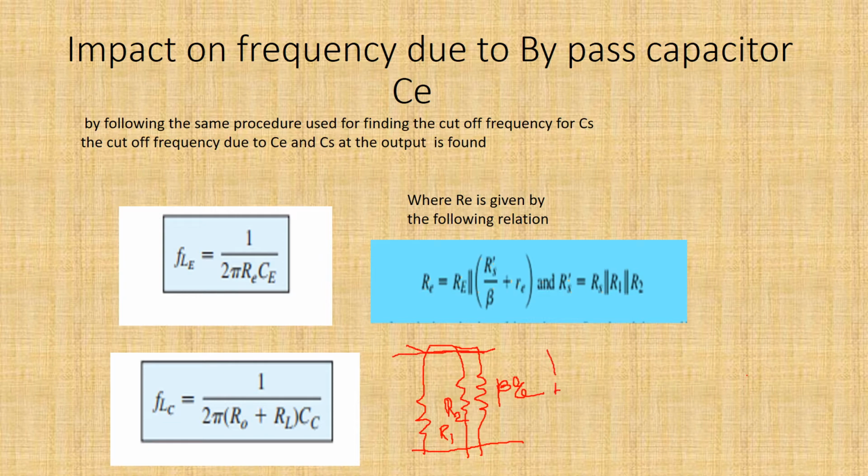Then your output side, this is beta times IB, Ro, then load RL. Then this is connected to your resistance RE.